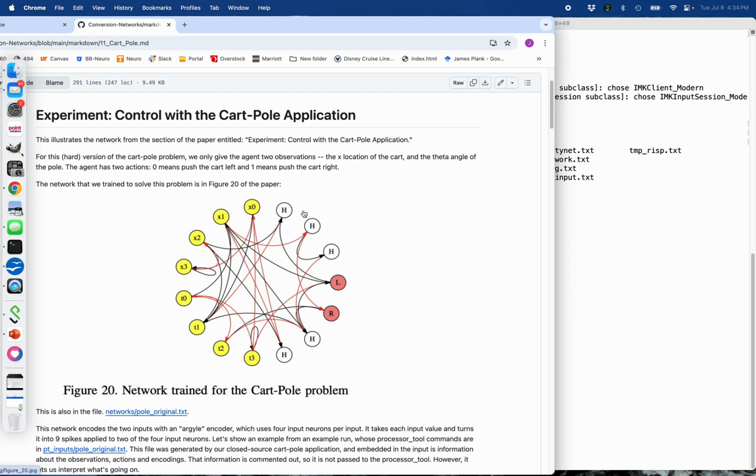However, these are converted into spikes using a so-called Argyle encoder, which I'm not going to go into the mechanics of, but what it means is that each of these input values has 4 input neurons, and it's going to spike into 2 of them at each time, and the total number of spikes is going to be 9 into 2 of these 4 neurons, and those spikes will be spaced 3 time steps apart.